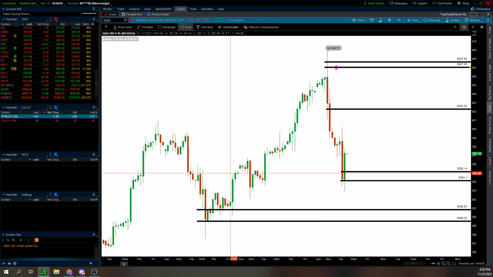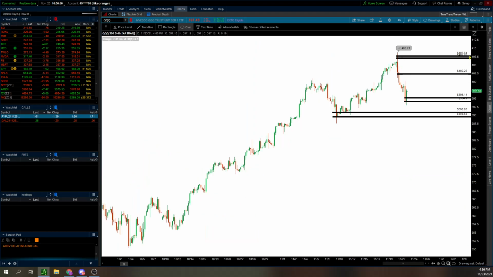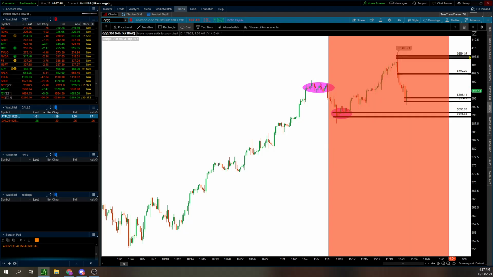Let's see if I can find one like this base here. If this base breaks, you don't want to look for calls anywhere below it. Those are the areas where we consolidated. So coming back to those levels, if it doesn't hold, we're going to come back to the next one. They act as magnets.